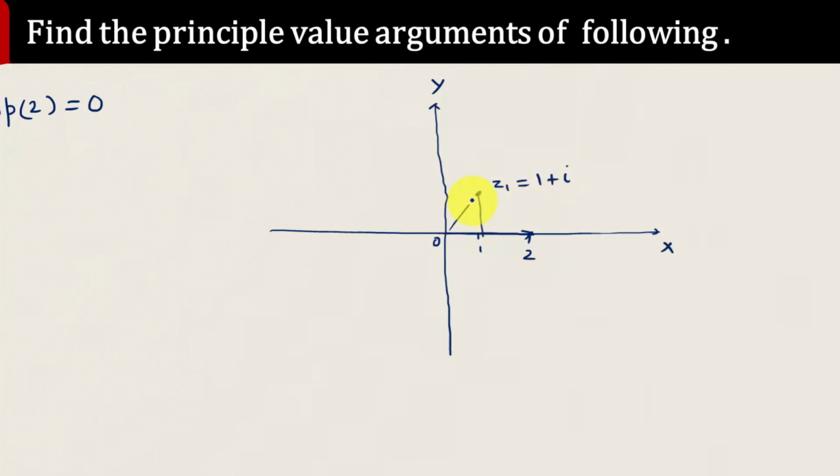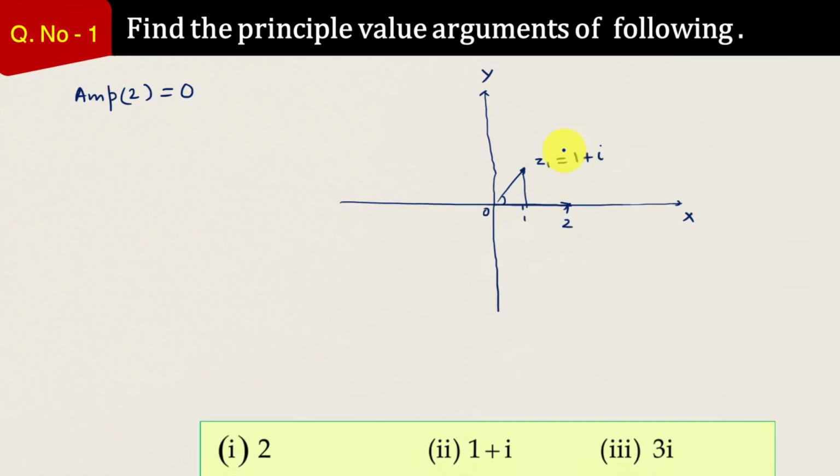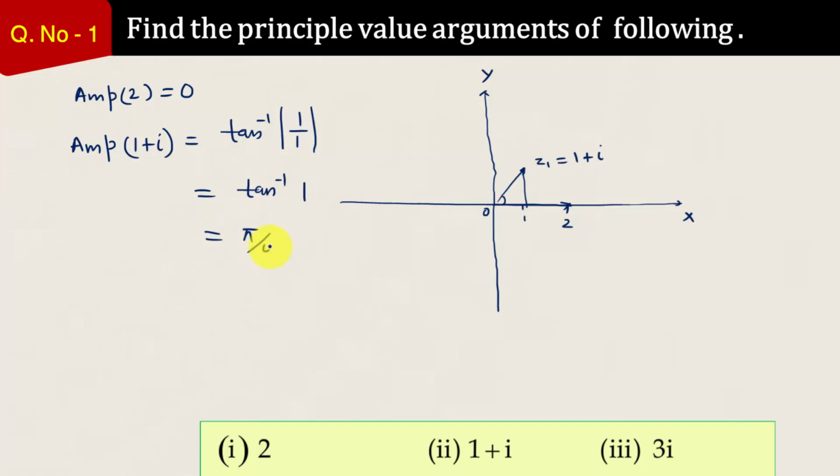You can observe here this is making an angle of 45 degrees and this is in the first quadrant, so the amplitude of 1 plus iota, in the first quadrant, we'll follow the rule tan inverse mod 1 upon 1, that is tan inverse 1, and this is equal to pi by 4.